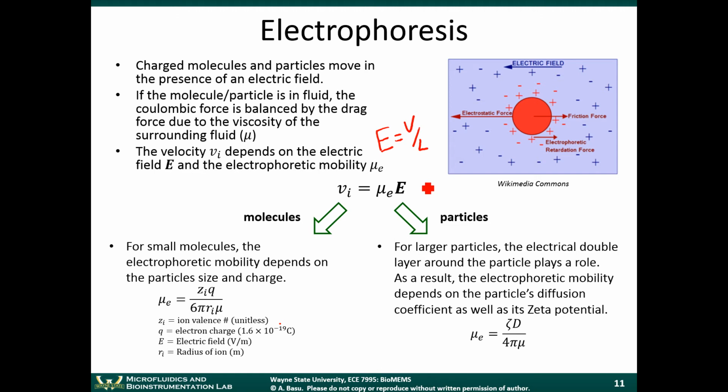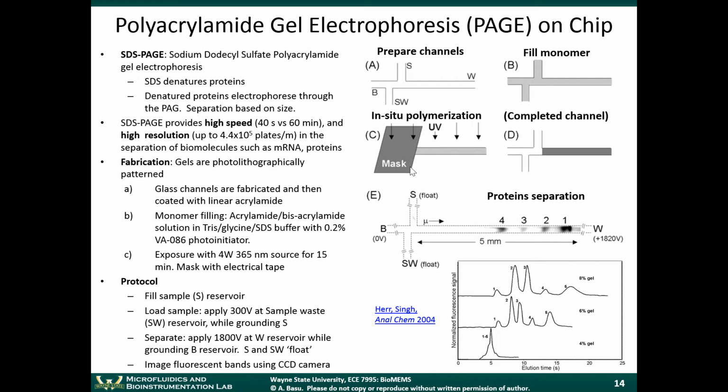So if the length of your electrophoresis channel is smaller than a typical gel, you won't require as much voltage to perform the electrophoresis. You can maintain the same electric field with a smaller voltage. This makes things a little bit better, because instead of a 10,000 volt supply, you could get by with a 1,000 volt, or maybe even a 100 volt supply.